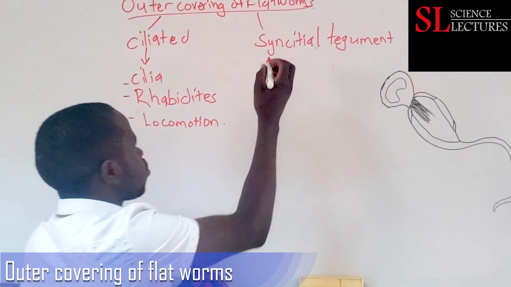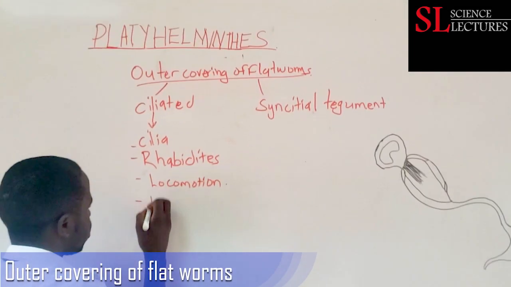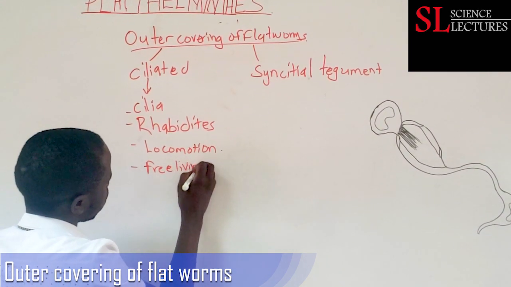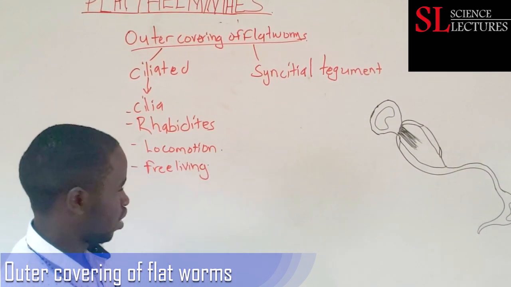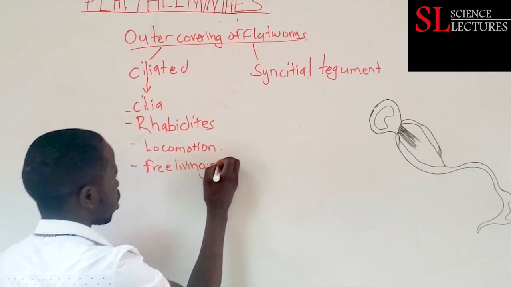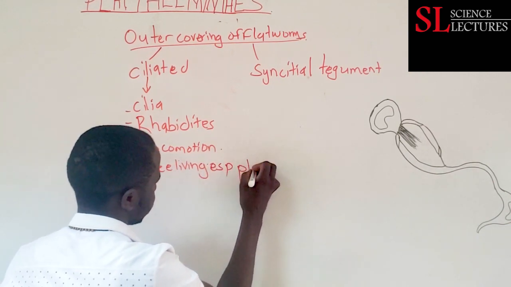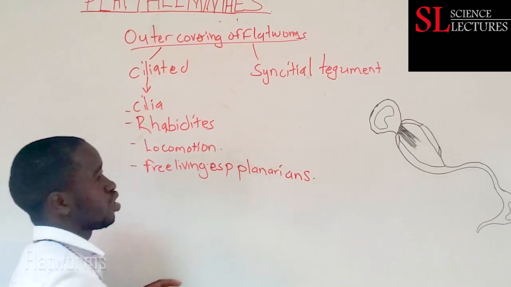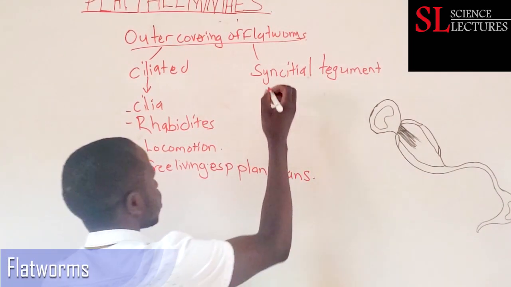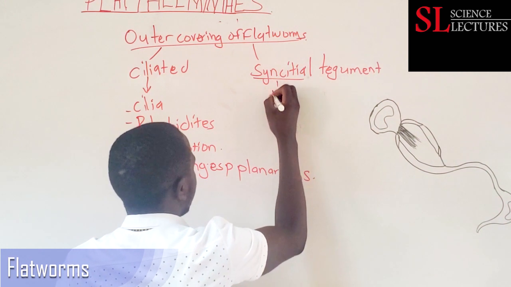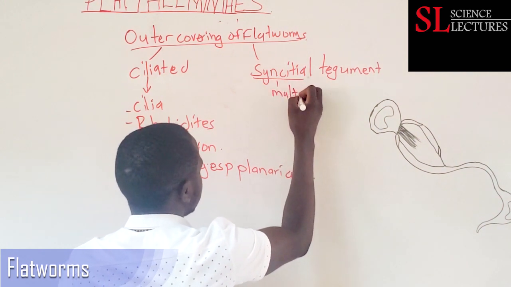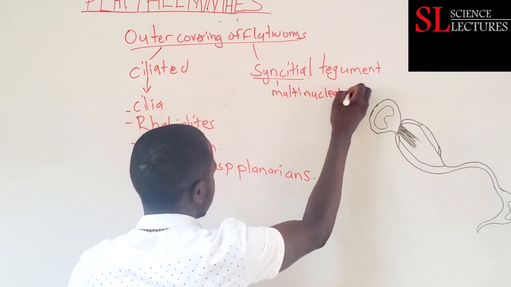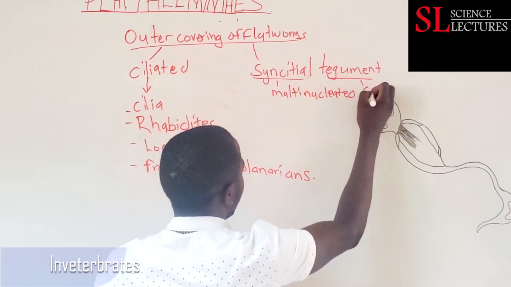This is very common in the free living, especially planarians. Then these ones that have a syncytial tegument, syncytial means multi-nucleated, and tegument is covering.